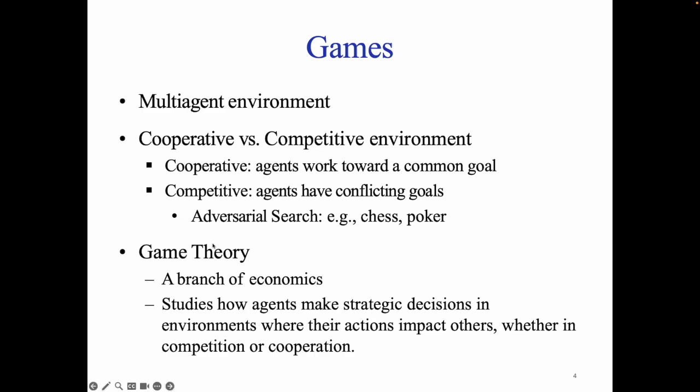But in game theory, which is a branch of economics, the focus is not on the competitive environment that we have agents acting so that one of them wins. They could be competitive environment or cooperative environment. The main focus is on the strategies, on the decision-making strategies, to see, for example, how the agents can influence each other.